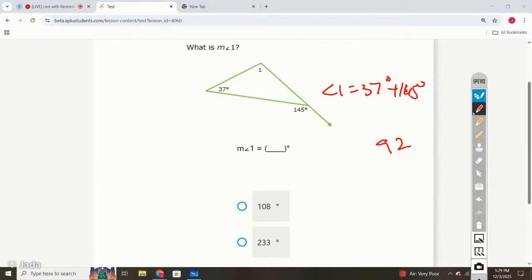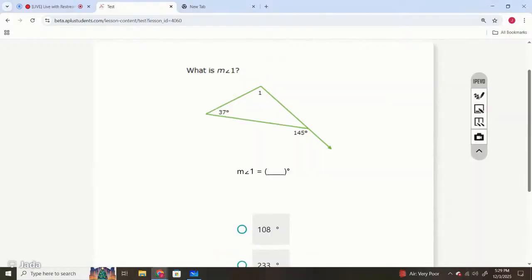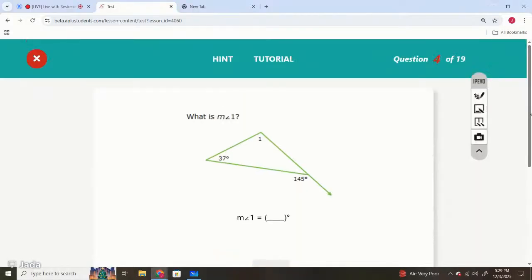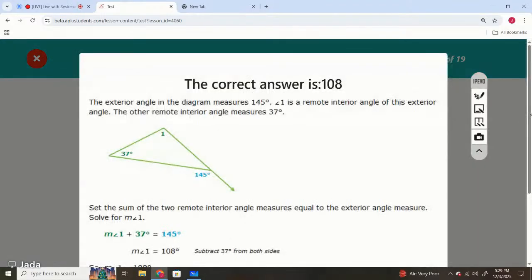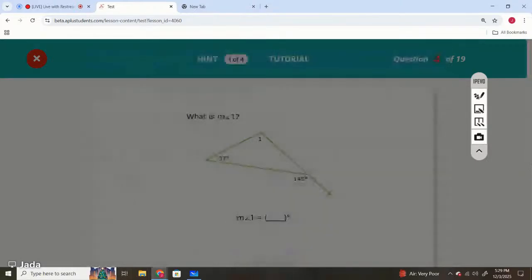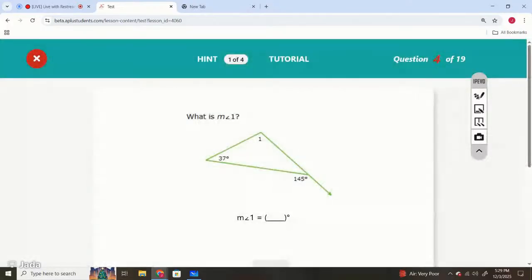That is, wait, that is 182, but we are not given the option 182 over here. Oh, we need to find angle 1, right?